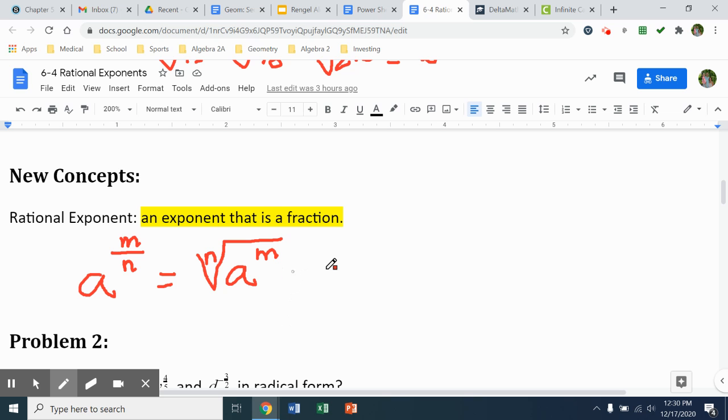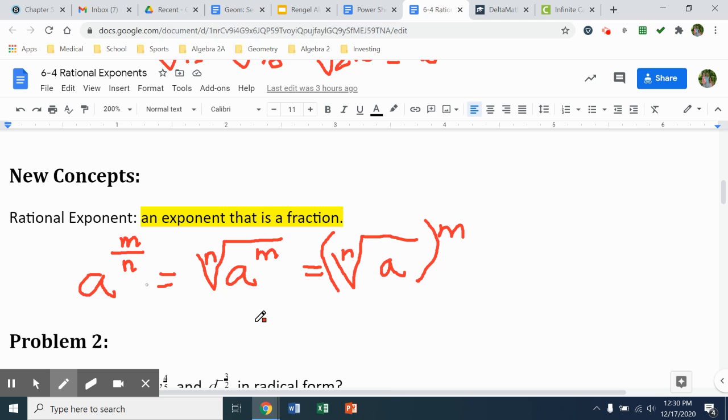Now, one little variation of this, since radicals and powers are both in the exponent part of order of operations, you can choose which way you solve these first. So if you want to take the root first, you could take the nth root of a, and then secondly, you could raise it to the m power. So it does work either way because you're dealing at the same point on the order of operations.